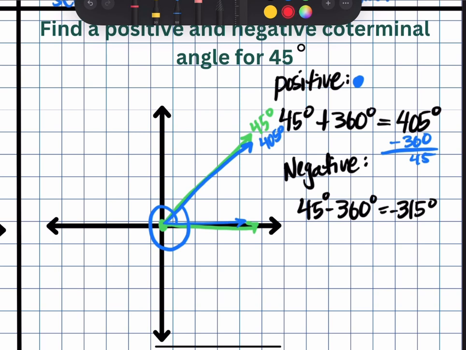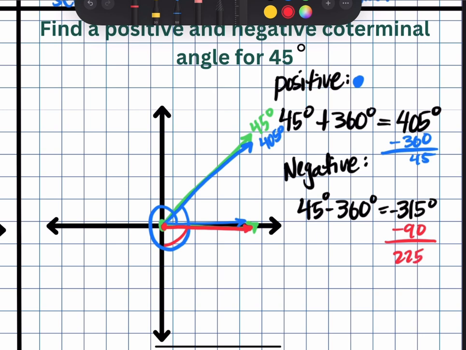Now let's do the negative angle. Here's my initial side. I know it's getting a little messy. I'm going to go for 315. I can for sure travel 90. And 315, if I were to take away 90, I'm left with 225.